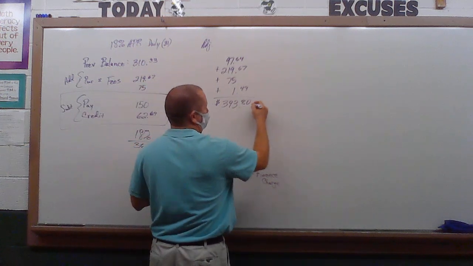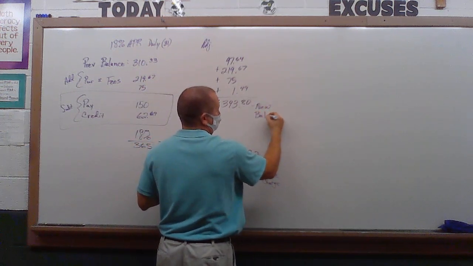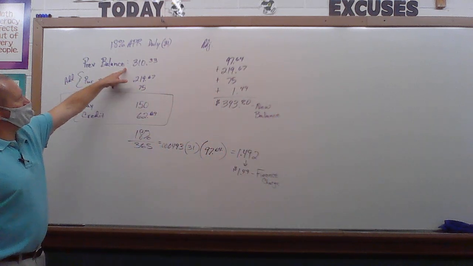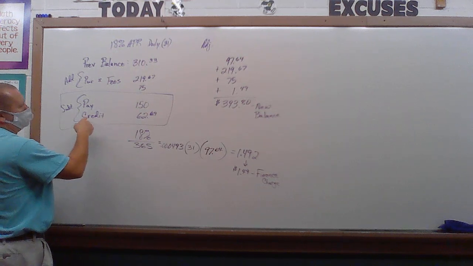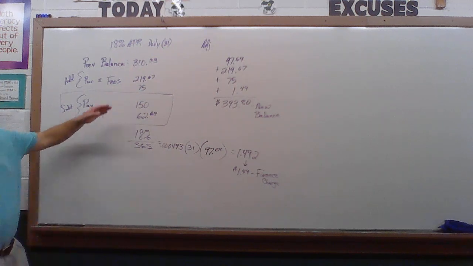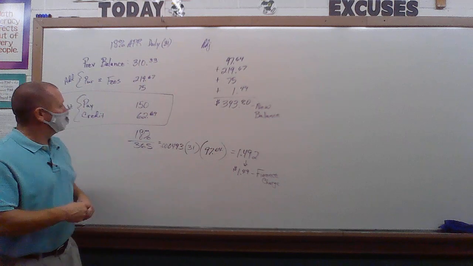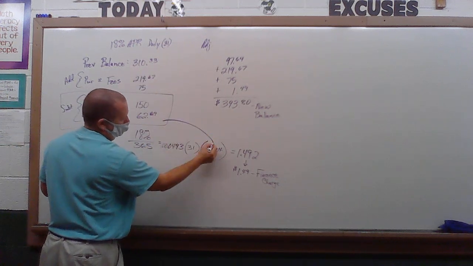This would be my new balance. My previous balance is where I start, and with this method, we take off our payments and credits from our total, and then figure out the finance charge.